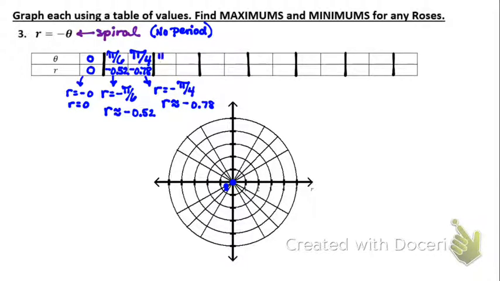And then we have pi over 3. What's our output there? Negative 1.04. So now we're back here. I'm starting to see this spiral take shape right here.